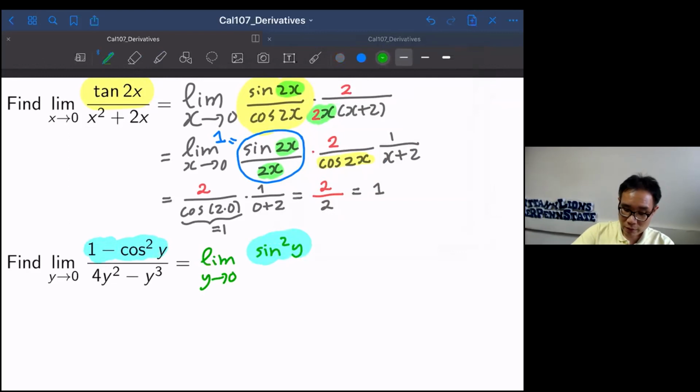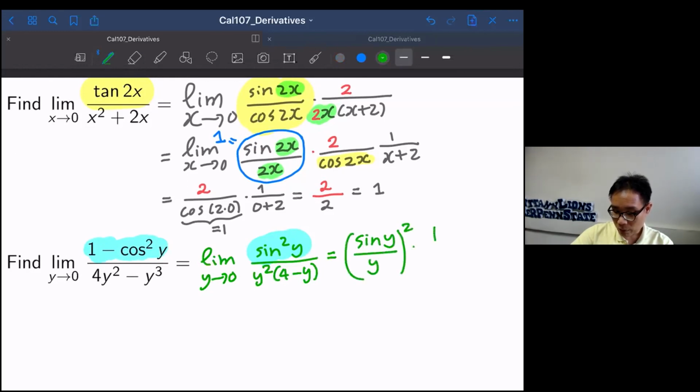And you'll be able to pull y square out of the denominator, so it's going to be 4 minus y. You see that this turned out to be sine y over y, squared, multiplied by 1 over 4 minus y.